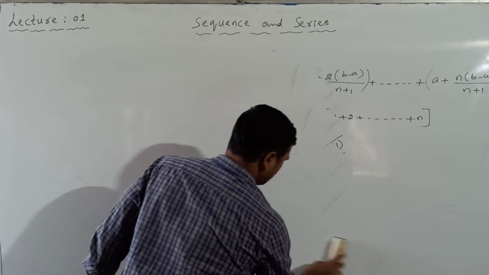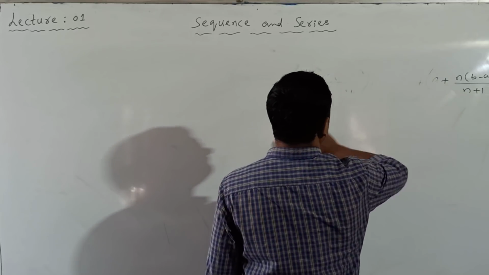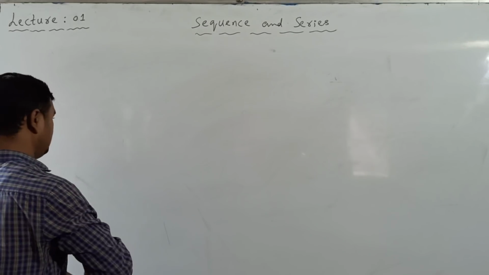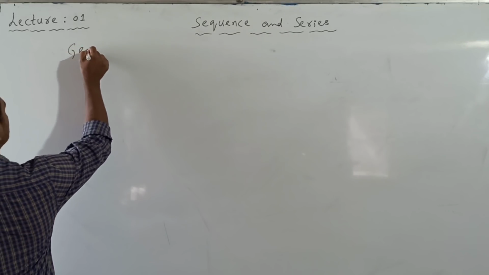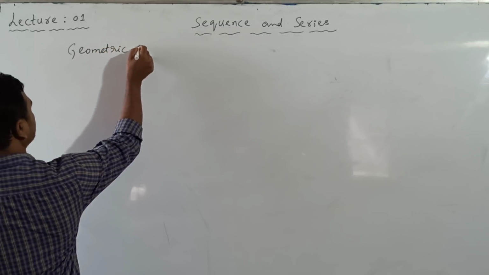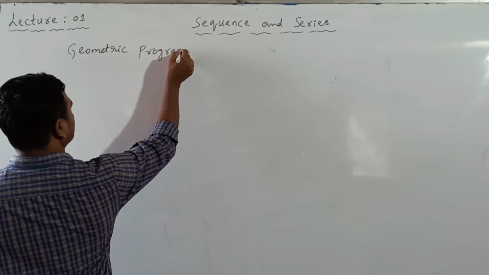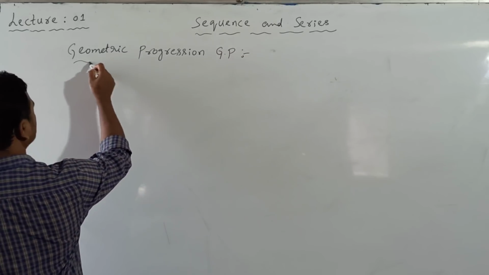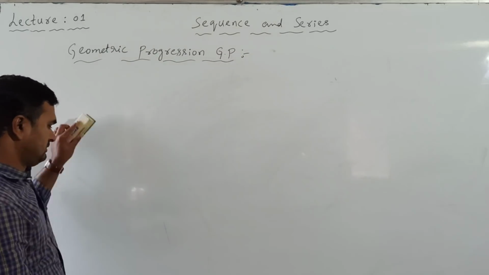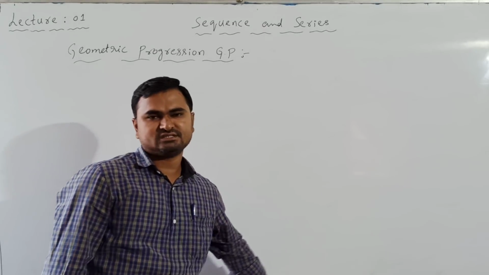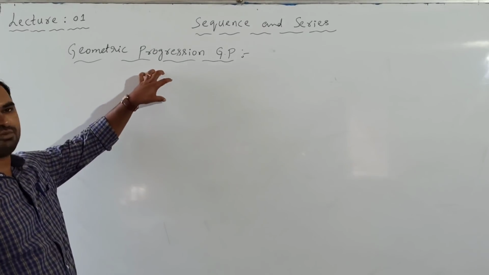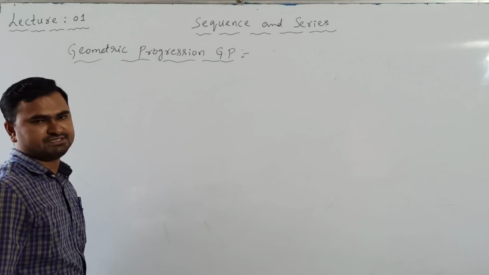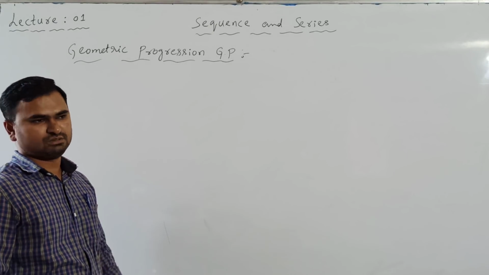Next we start the geometric progression. The sequence of elements given are said to be in geometric progression if another condition holds: the ratio of any term to its preceding term must always be constant.